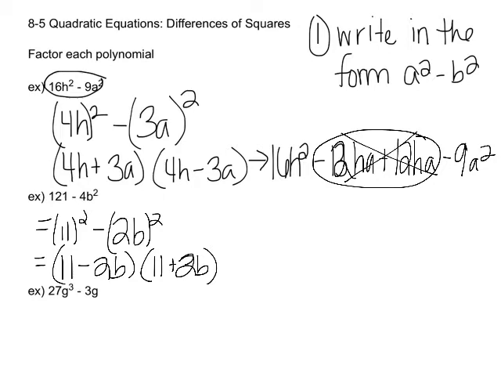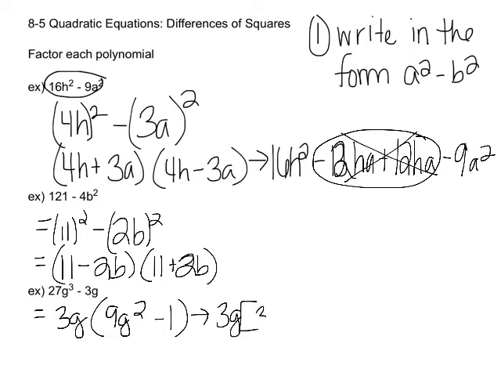For our last example, we can see that we could factor out a 3g from each of those terms. So I'm actually going to get that I have 3g times 9g squared minus 1. And then I could rewrite this to say 3g times a 3g squared minus 1 squared.